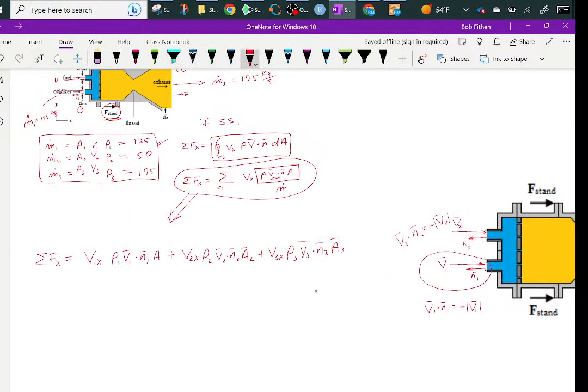Now this one is negative V1, this one negative V2, and this one is positive V3.